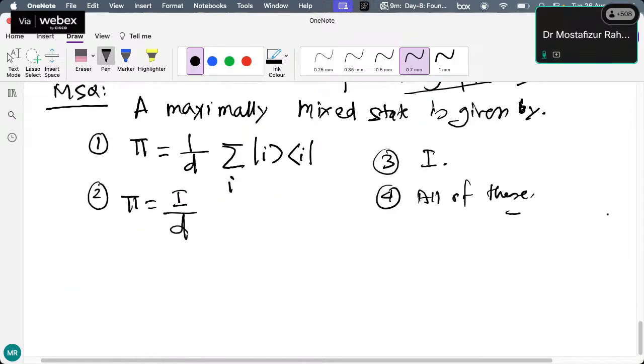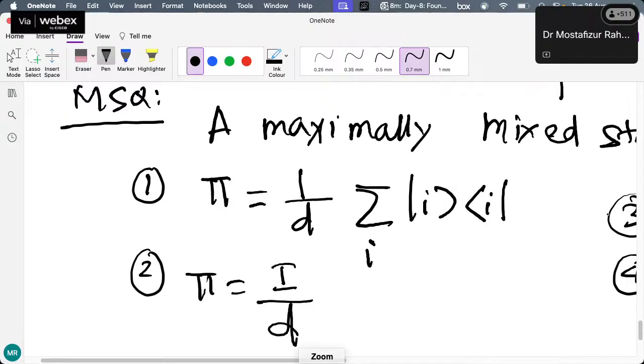Just a 2-line question, and let me know the answer. Yeah, the answer will be 1 and 2, both 1 and 2 are correct.